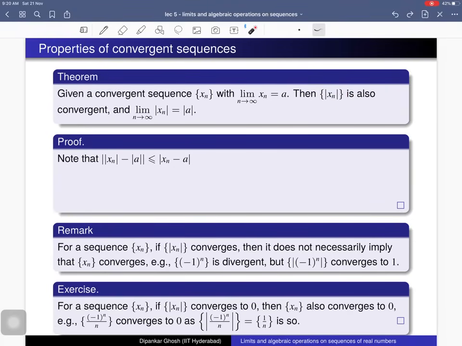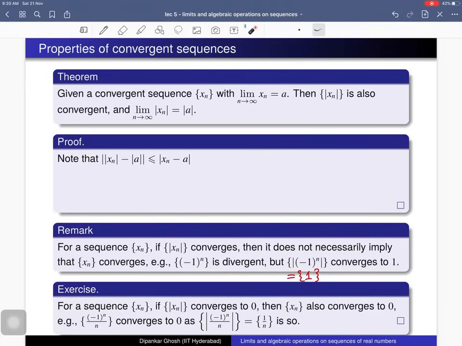You can consider this sequence whose nth term is given by the absolute value of xn. For example, if your sequence is this, so the nth term is minus 1 power n, then this sequence will be this one, and it is just a constant sequence. I should write here, this is a constant sequence.